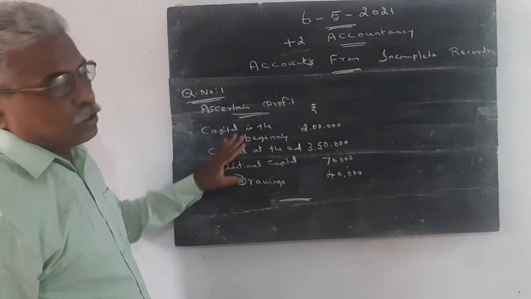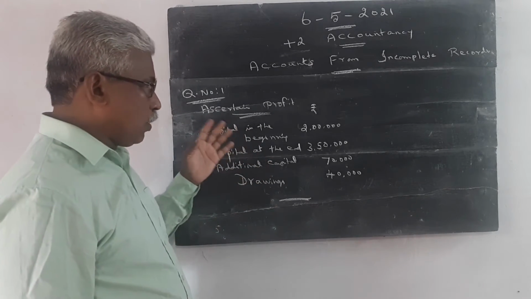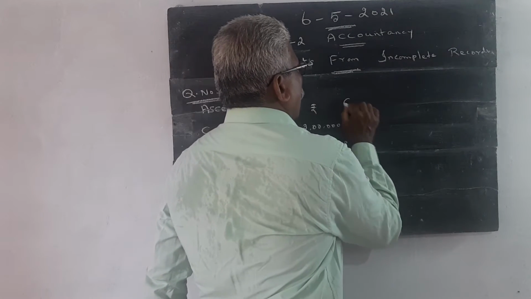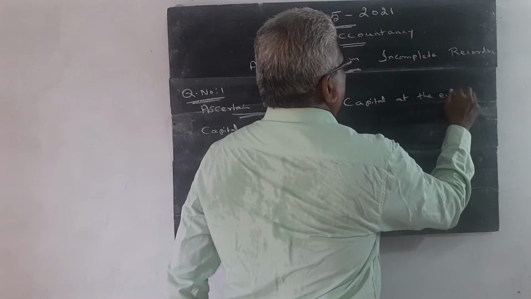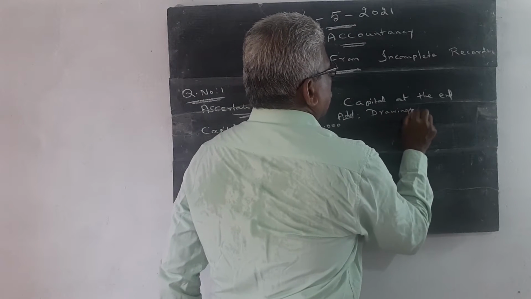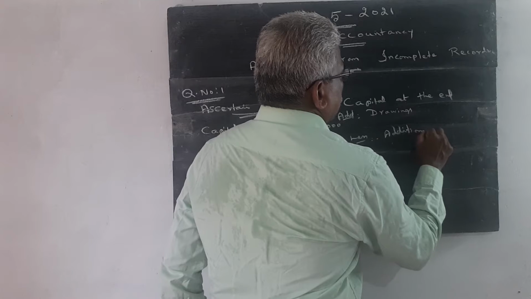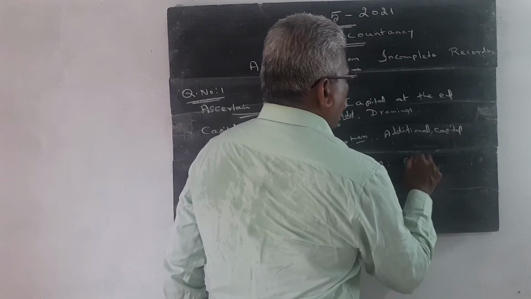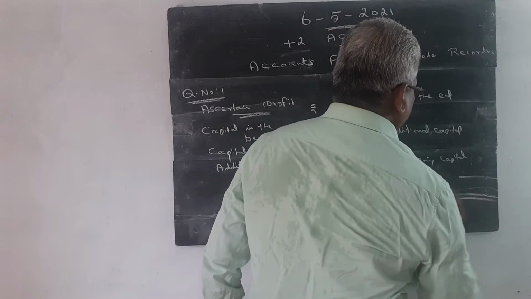To solve this question, we study one formula. The formula is: capital at the end, add drawings, less additional capital, less opening capital, we can get profit.